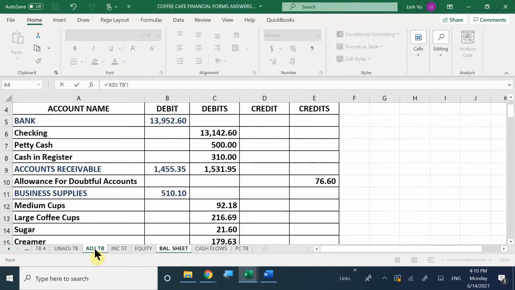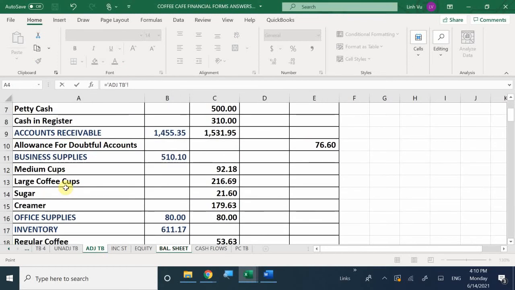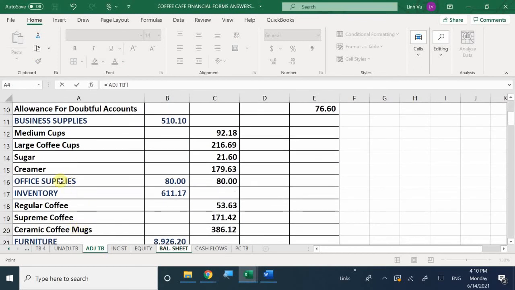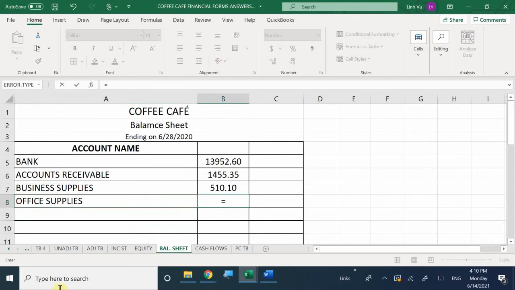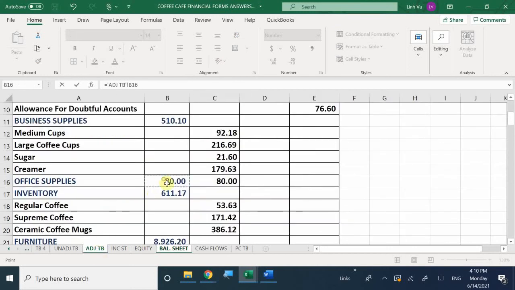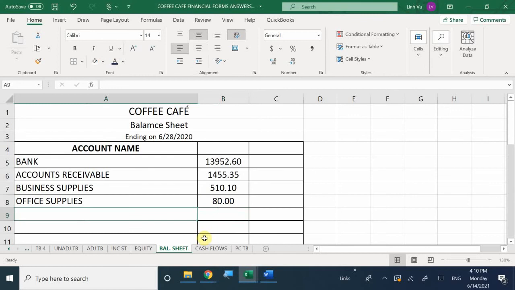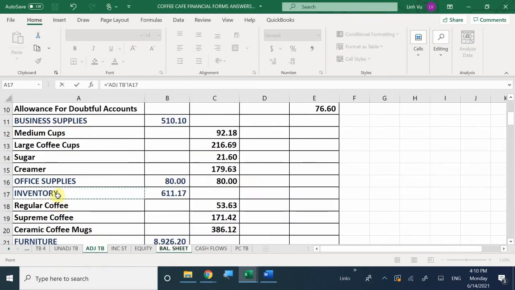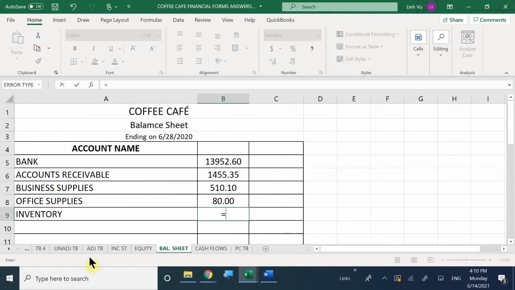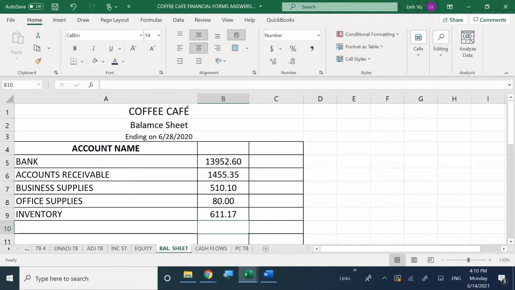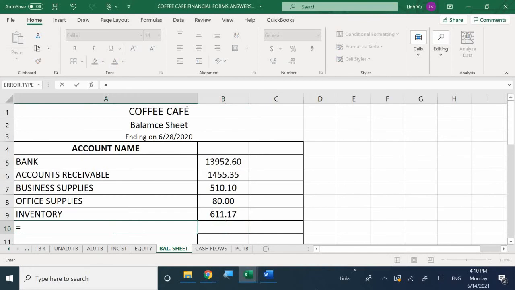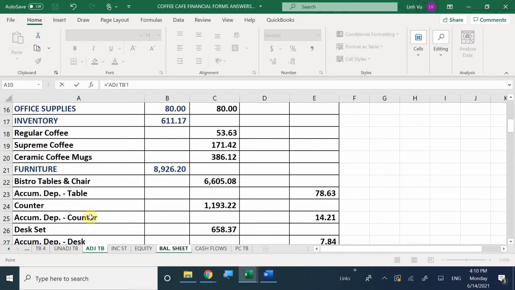Right. What is the next asset that I have? Office supplies for $80. Okay. Inventory for 611.17. Good. What's my next asset?